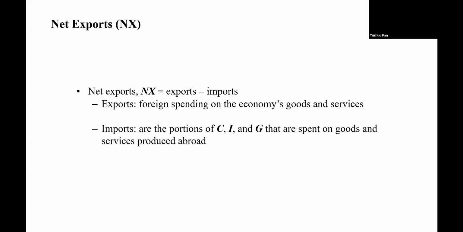So that $50,000 is part of C. But it's also an import. So I should minus that part, because that Toyota is not produced within the US, it's produced outside the US. I should minus that $50,000, which means that part is not GDP, because that Toyota is not produced in the US. In that case, we have to minus the import.